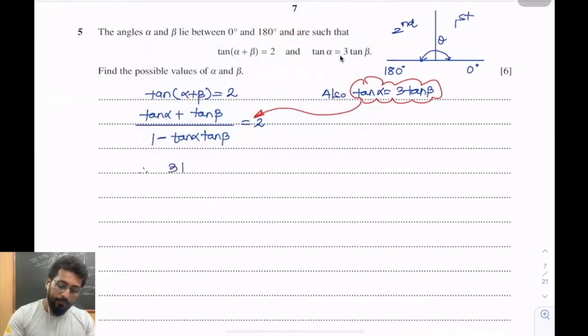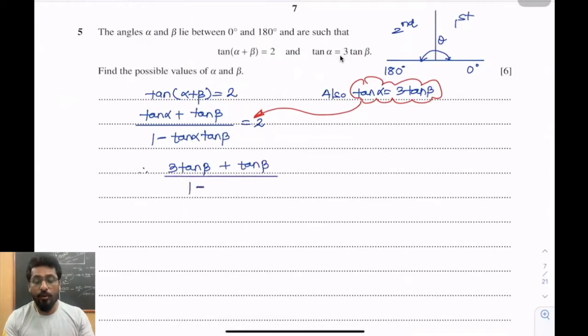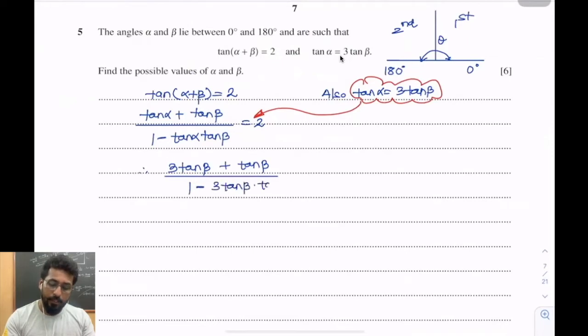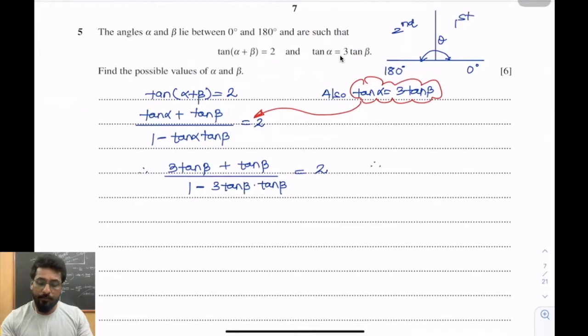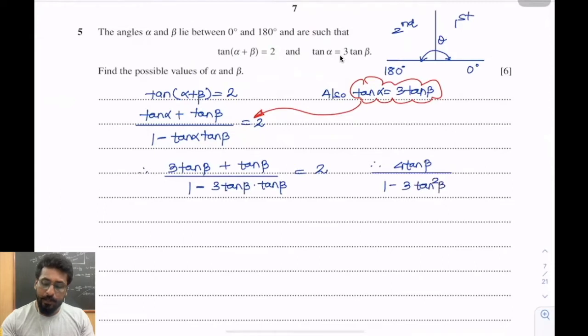So in place of tan alpha, I'm placing 3 tan beta. So I get 3 tan beta plus tan beta whole divided by 1 minus 3 tan beta into tan beta is equal to 2, right? So that gives me 3 tan beta plus tan beta, that's 4 tan beta, whole divided by 1 minus 3 tan square beta is equal to 2, right?